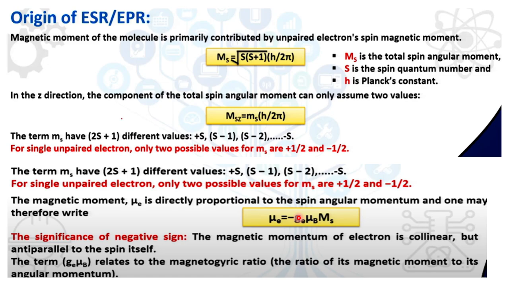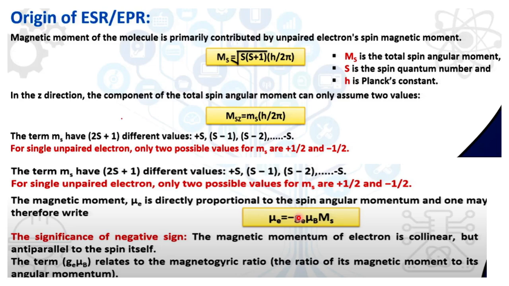Since the electron is a charged species, it is spinning as well as moving, like how the earth is moving around the sun. So earth itself is spinning as well as moving around the sun. Similarly, that electron, a charged species, is spinning around its own axis as well as around the nucleus.